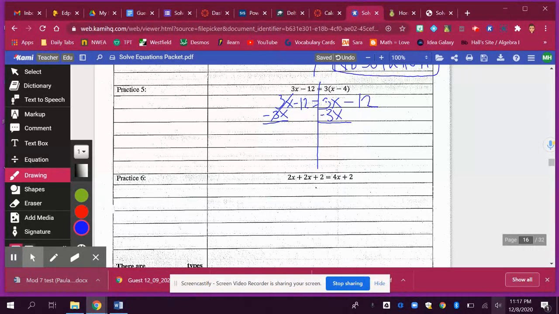Because 3x minus 3x is 0, 3x minus 3x is 0. So I'm left with negative 12 on the left side and negative 12 on the right side. So negative 12 does equal negative 12. This is true, which means that we're going to have infinite solutions.